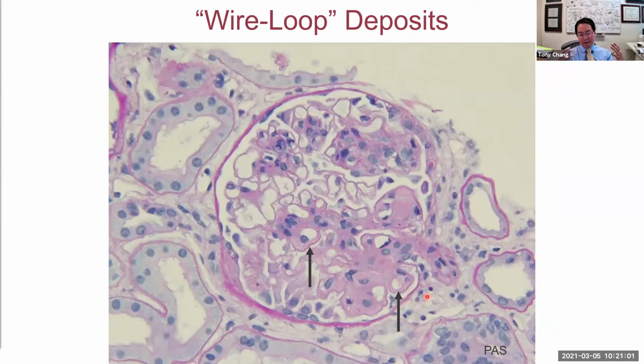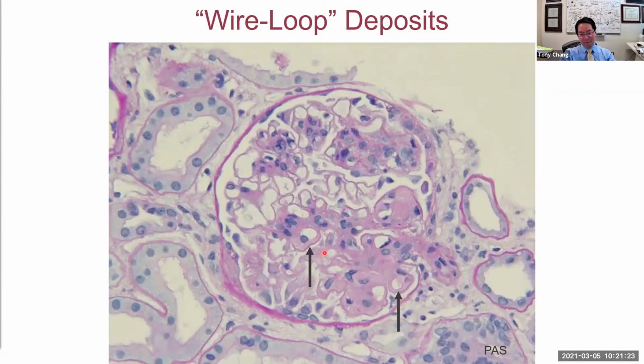As the subendothelial immune complexes accumulate and push the endothelial cell away from the original glomerular basement membrane, it lays down a second layer. So this finding tells you that this is a chronic injury process. This did not happen overnight.